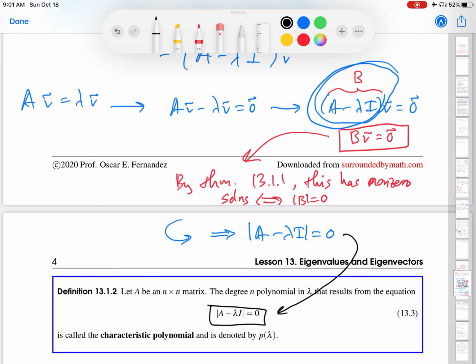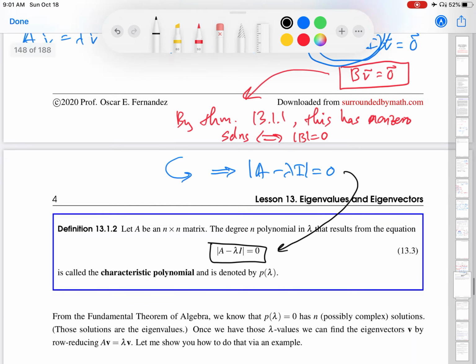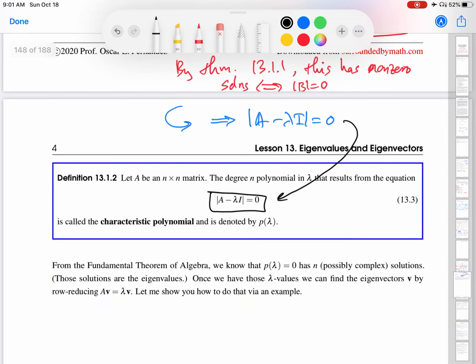The determinant of A minus lambda I is going to yield what's known as the characteristic polynomial. We'll see that in the examples and in the rest of this lesson's notes. But this is the point of these class notes, to get us to this condition. This is how we are going to find the eigenvalues lambda that we will later substitute back into the matrix and row reduce to find our eigenvectors.